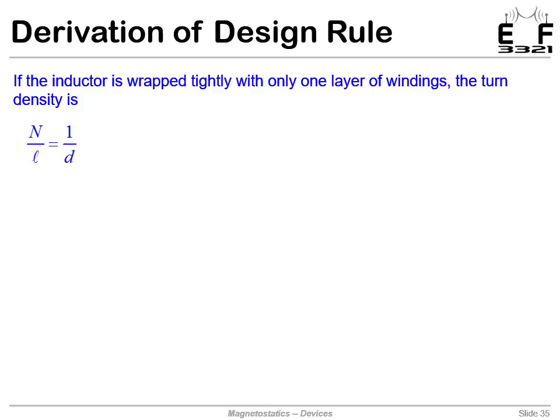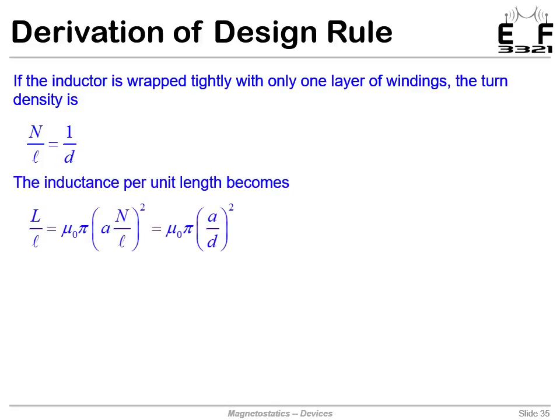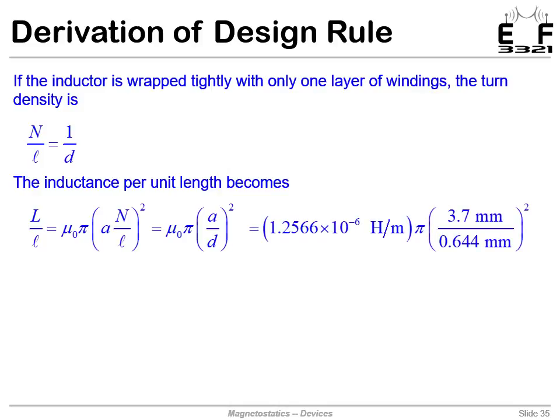Okay. Now, if we wrap our windings tightly so that the windings fall right next to each other with no gaps, our turn density, it turns out, is just 1 over D, where D is the diameter of our magnet wire. Given that, we can replace N over L with just 1 over D. So we're just left with A over D inside of this parenthesis. At this point, we can plug in our numbers.